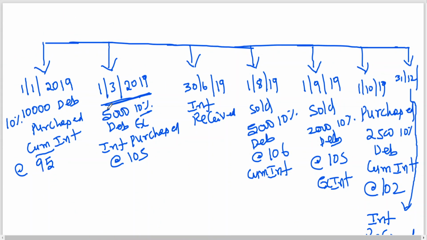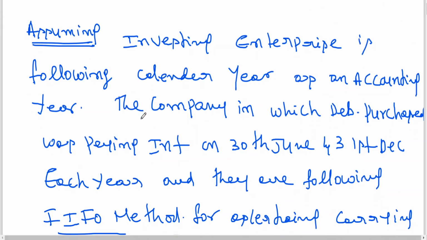It was purchased on 1st March 2019, so there is a gap of 2 months. The 2 months interest is to be paid to the seller, because the seller is foregoing 2 months interest. So we, the buyers, need to compensate the company 2 months interest at the rate of 10% on face value. In case of debentures, if face value is not given, we shall assume face value is 100.